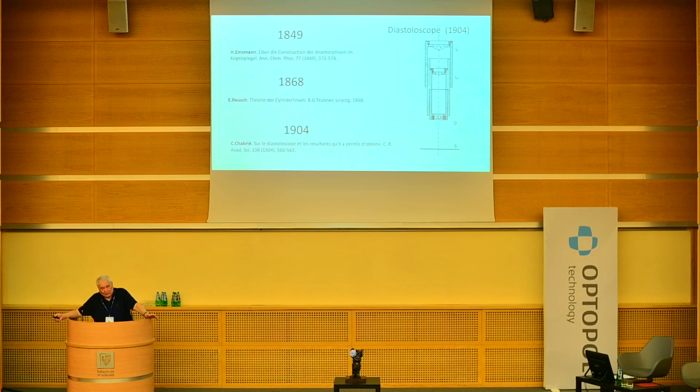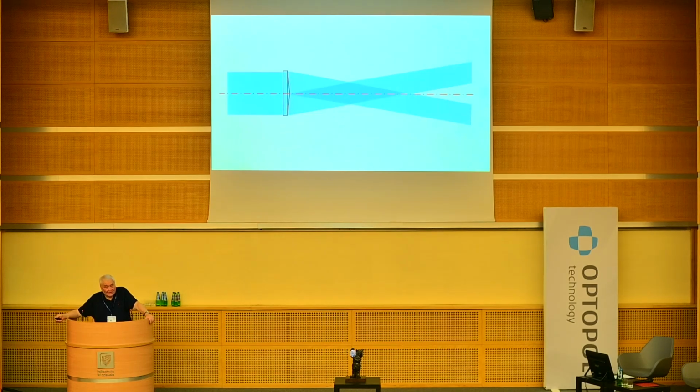So it was not so new, but still new for many people, and many optical engineers decided to put it somewhere, to use it somehow. So we were not an exclusion. We did the same. We thought maybe we could use it for our purposes.